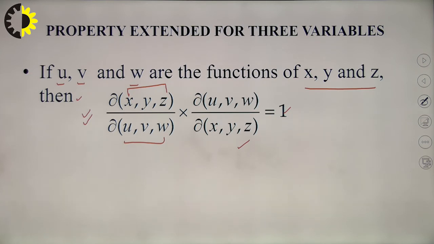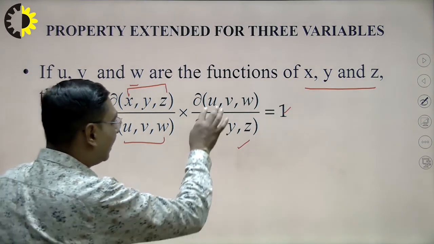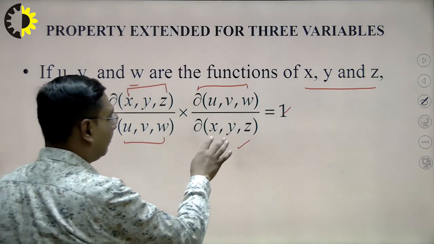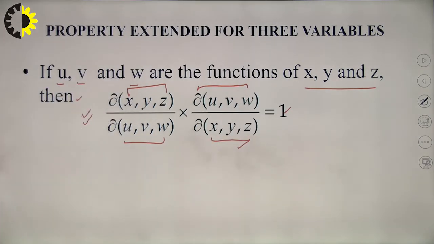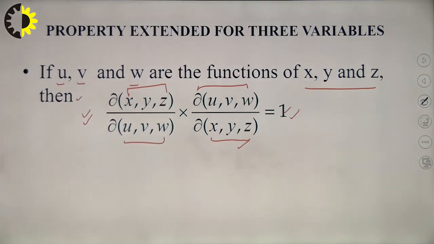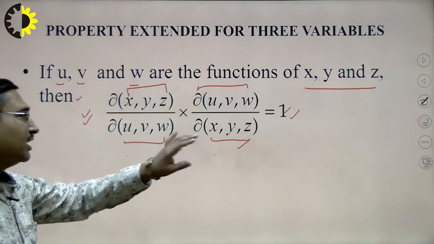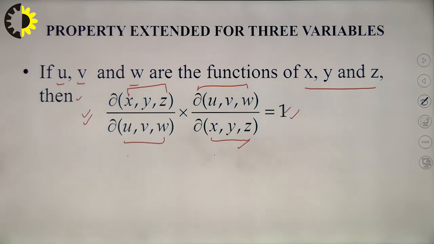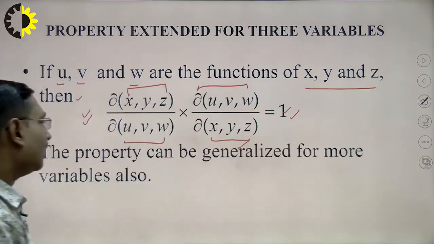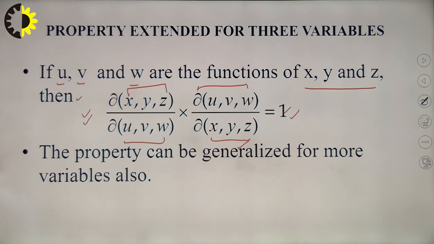Then by some rearrangements or some method, I am able to express u, v and w in terms of x, y and z only. And if I multiply these 2 Jacobians, the value will again come out to be 1, and it means if one of these 2 Jacobians is known, then without difficulty we shall be able to write the value of the other Jacobian. The property can be generalized for more variables in a similar manner.